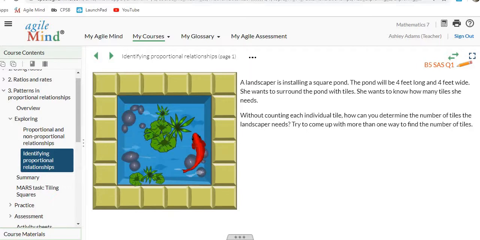I don't want to count individual tiles. So what I see is a top row of 6, a bottom row of 6, leaving the sides with both how many? 4. If I already used that tile for the top and the bottom, I'm left with a 4 and a 4.